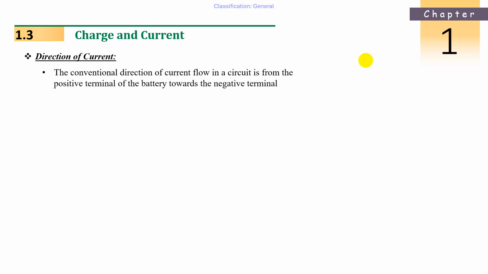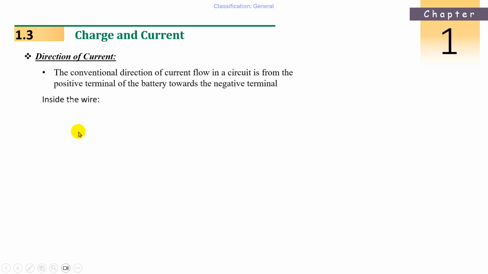The electrons move, the charge moves. But for analysis we use conventional current as positive to negative, in the opposite direction. Outside the wire we use it like that; inside the wire it is opposite. Electrons move towards the positive terminal, opposite to the conventional current.